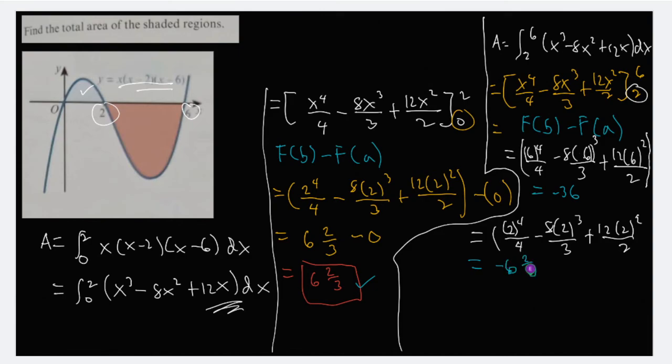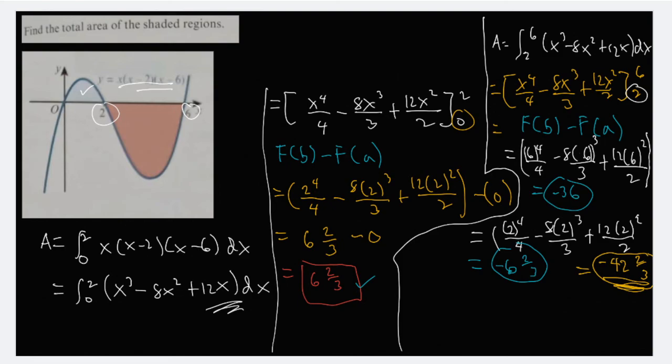Meaning we need to sum negative 36 and negative 6 and 2/3. This will give us negative 42 and 2/3. But again, since we're talking about area, this becomes positive.